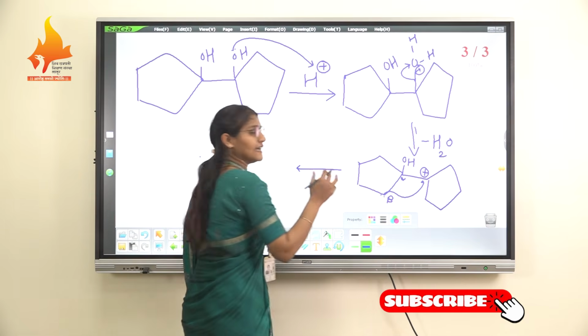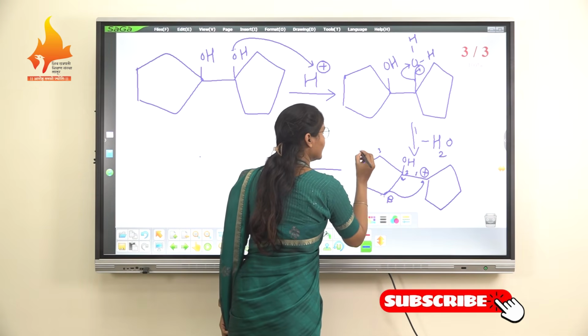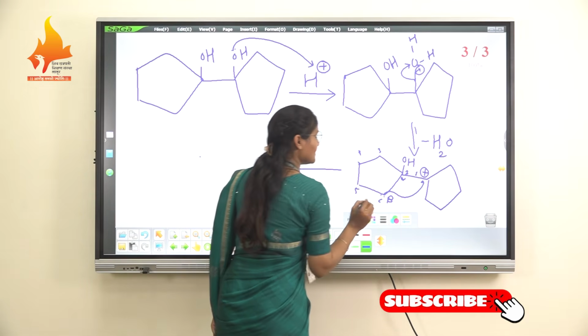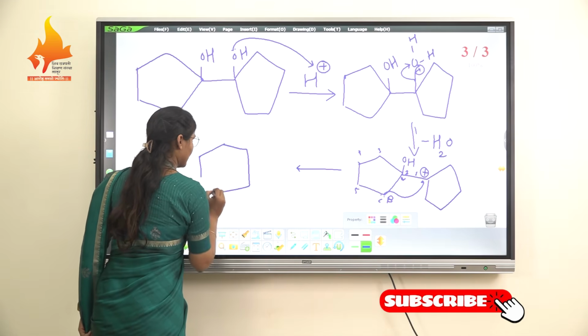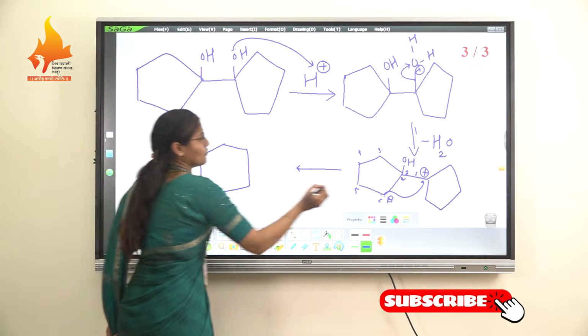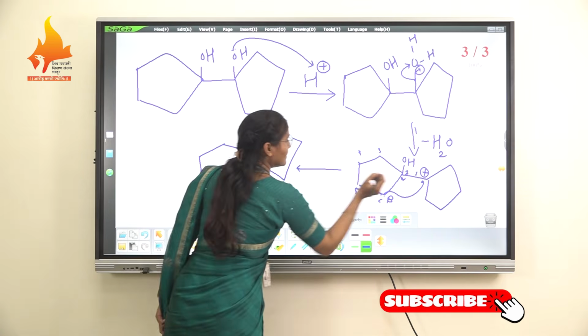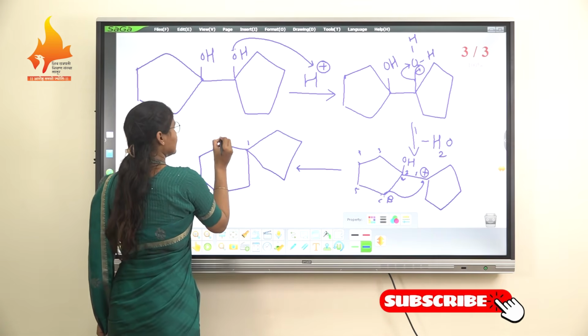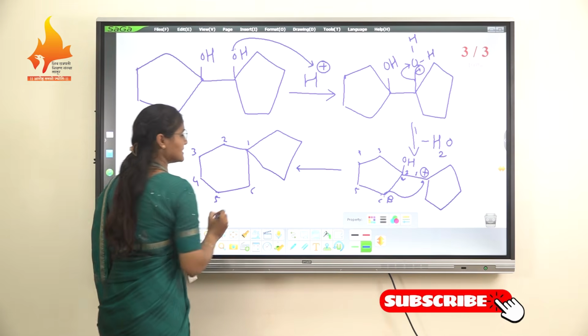If we break this alpha-beta bond, then there is a ring expansion phenomenon. So we will get a 1, 2, 3, 4, 5, 6 member ring. So first of all we have to draw a 6 member ring, which is attached to a 5 member ring. We number the carbons first, second, third, fourth, fifth, and sixth.